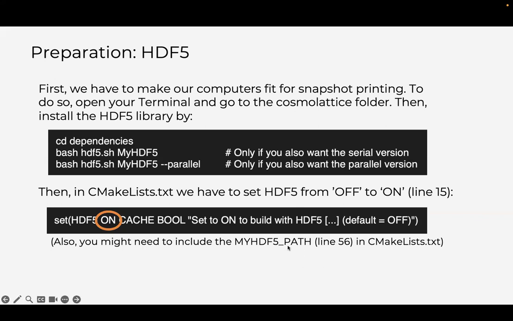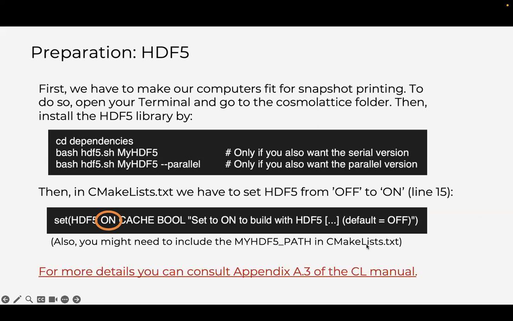And it could happen, depending on the computer, that you need to include a path here as well in this line. If you want more information on that, you can go to the appendix of the CosmoLattice manual, I think A3, where you find more information about that. But in principle, it should work if you do what's written in here.